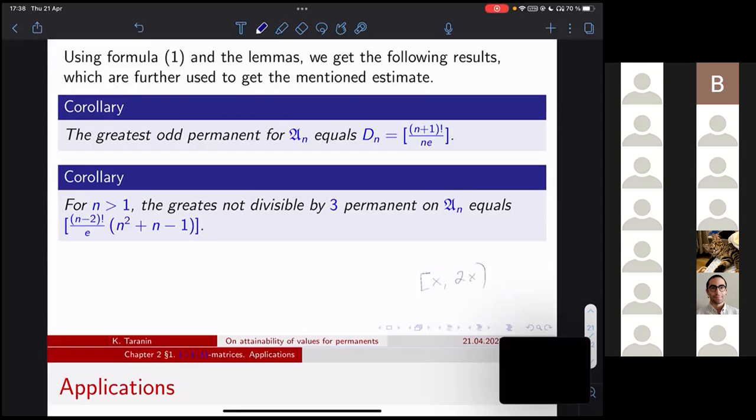A good question is, if we consider X and then (1 plus alpha) X with alpha from 0 to 1, how small can alpha be?